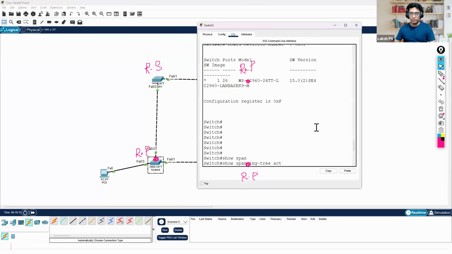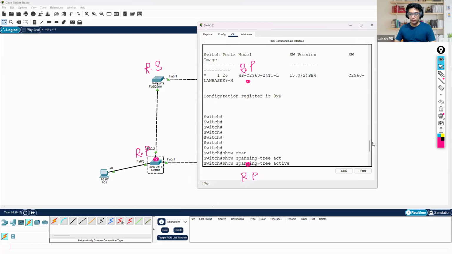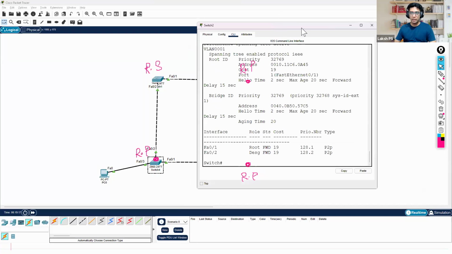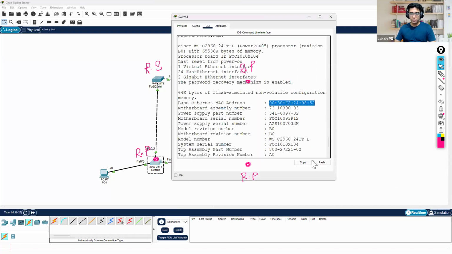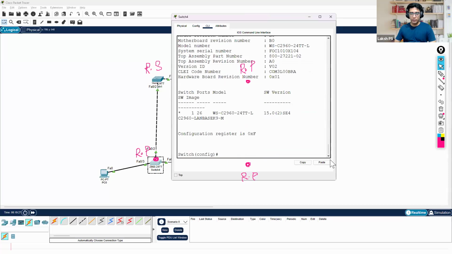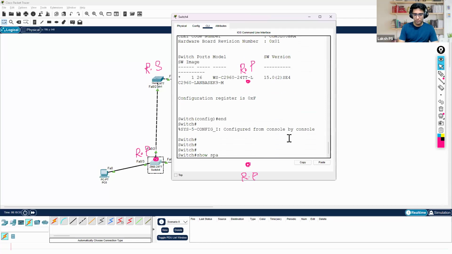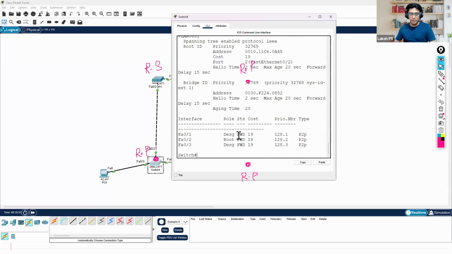So switch number 2, when we do a show spanning tree active, you can see there is one root port and the rest of the interfaces are designated. Similarly for switch number 4, when we do a show spanning tree active, we will see one root port.